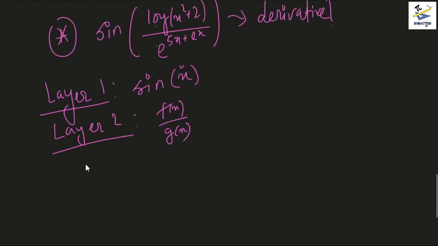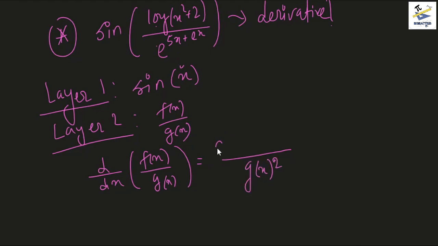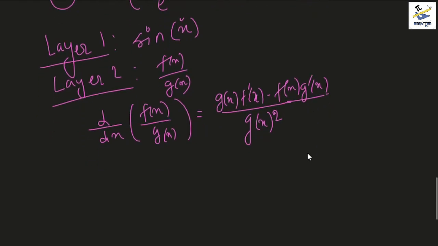I'll just write it down here: d/dx of f(x) by g(x) can be evaluated as ... f(x) into g prime x, right?